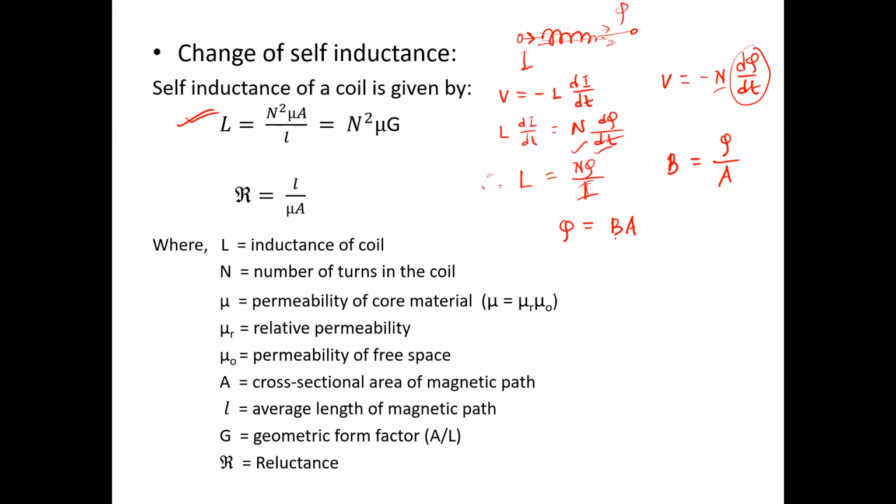So in this relation we can replace B with mu times H, multiplied by A. You know B equals mu times H, where mu is the permeability of the magnetic path.